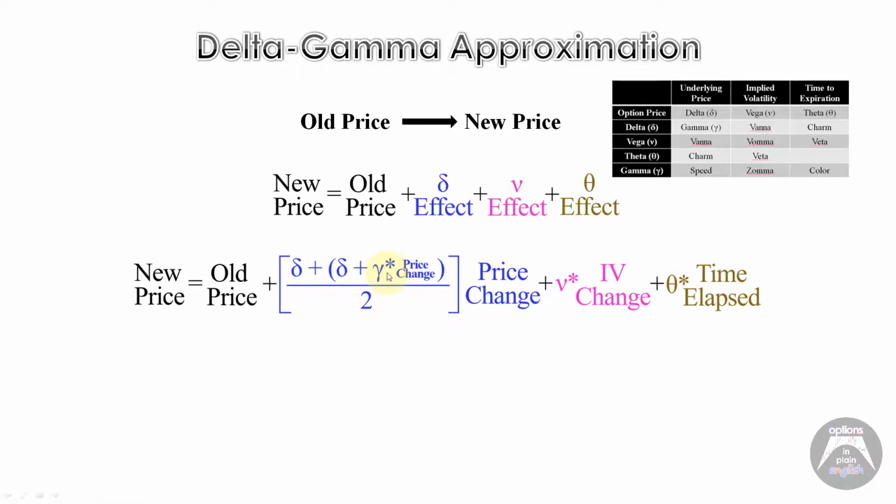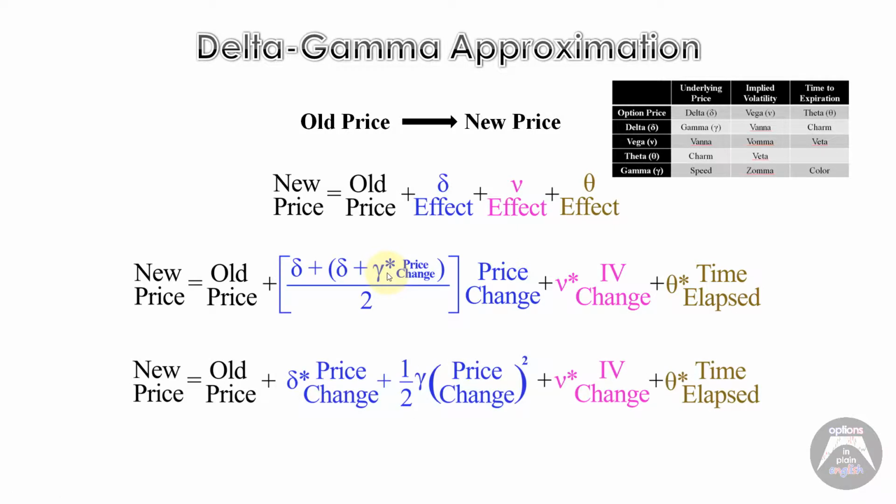Now, if we develop the formula, we come up with the actual formula that traders use, which is that the price of the option is going to be the old price that we had before, plus the delta times the price change. So it's the effect of delta. And then the effect of gamma: we're just developing this formula into this.